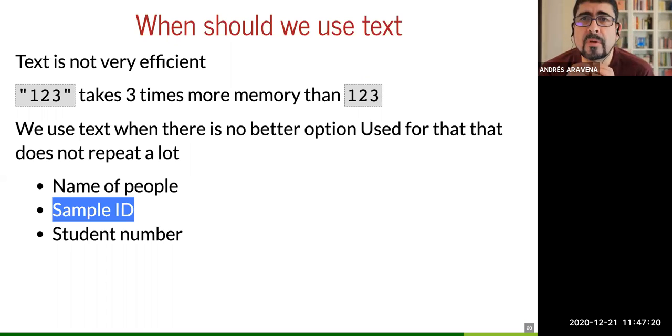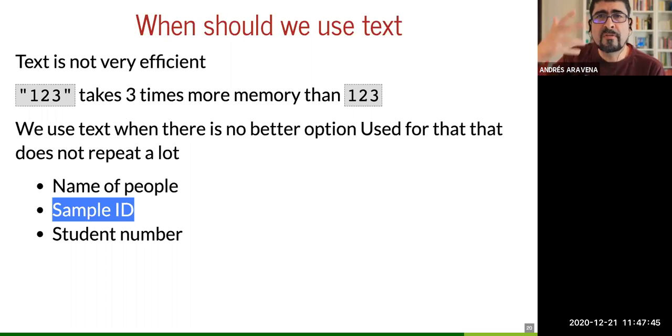In other words, there is a kind of intersection between text and factor, and you have to decide when to use one and the other. There are extreme cases, like if you have 1,000 elements in the vector, and you only take 3 values, like red, green, blue, then it's a factor.